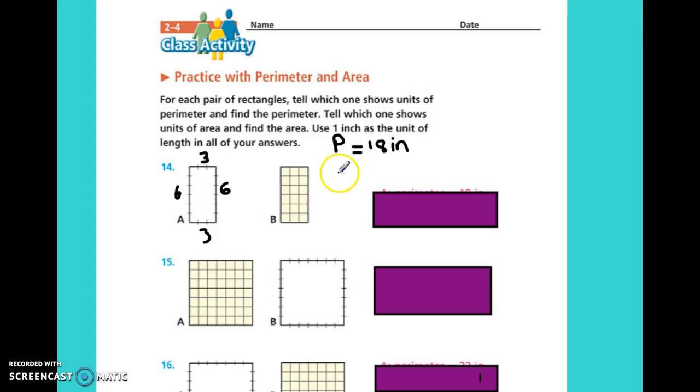And now we're going to do the area. So the area equals, and we're going to look here. And again, I think it's the same, but 1, 2, 3, 4, 5, 6. Yep, 6 and 3. And remember to find the area, we're going to do the length times the width. So we're going to say 6 times 3, which ends up equaling 18.